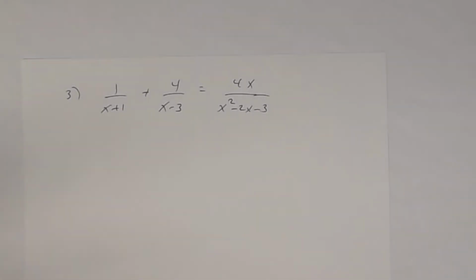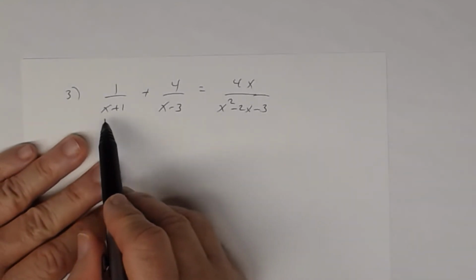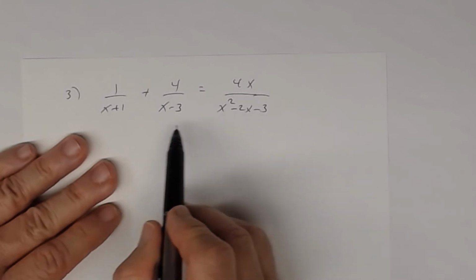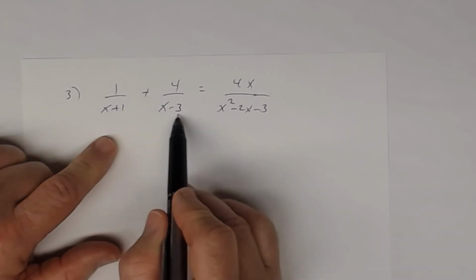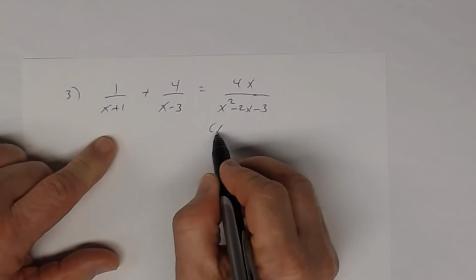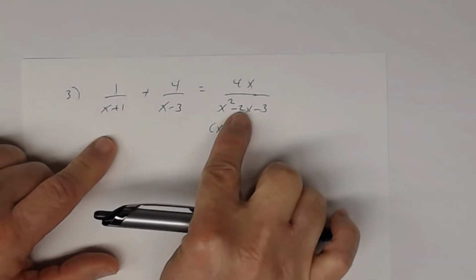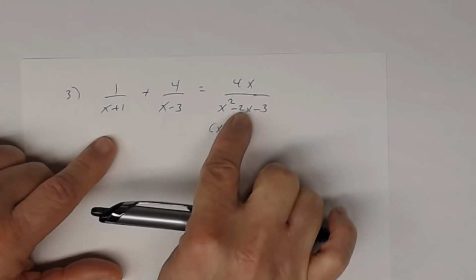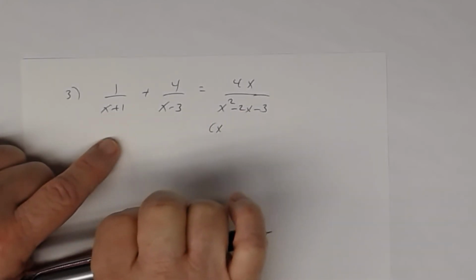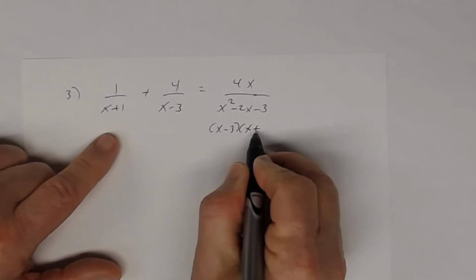All right, so then you want to find the least common denominator, so you have to factor all those denominators. This you cannot factor any further, but this we can. When I factor that, and remember the factors here are normally not always true though, but normally these factors, this should be x minus 3 times x plus 1.